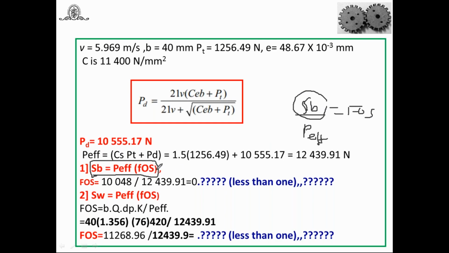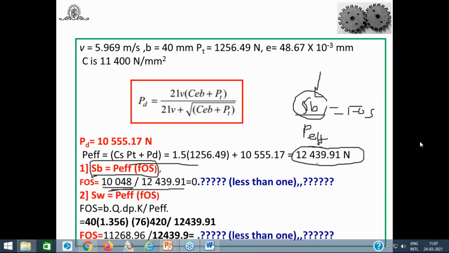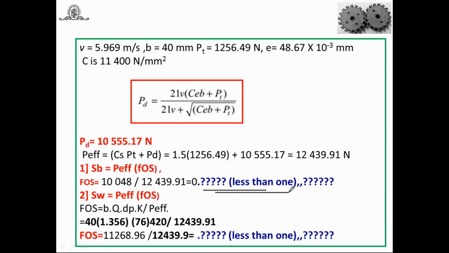We have already calculated SB, that is Mb into sigma b into Y into M into B into sigma b into Y. SB calculated 10,048. You can substitute here, upon P effective from Buckingham's equation, it is 12,439. I have substituted this value and made a question mark in my slide. Look at this. So you will get 10,000 is less than the 12,000. You will get the value of FOS point something, that is less than 1.